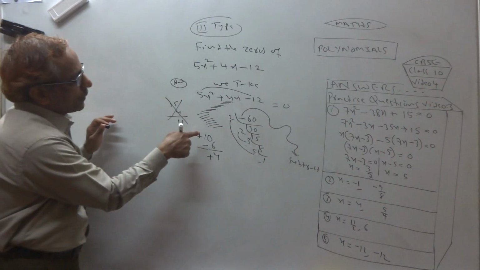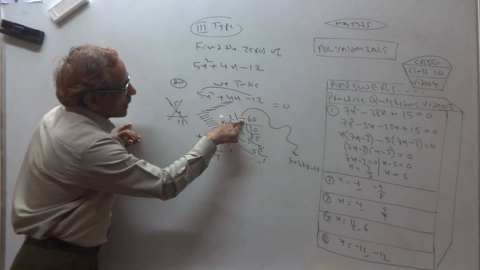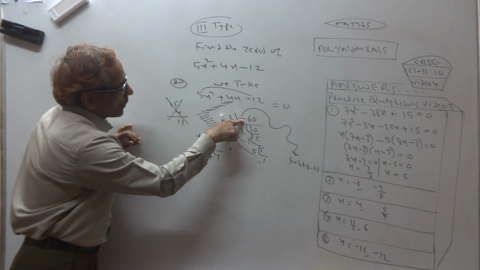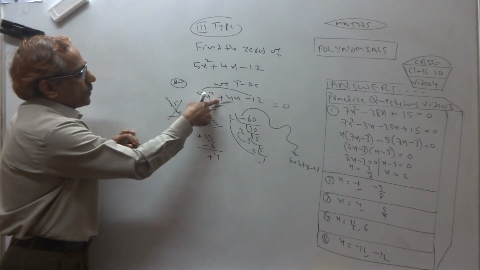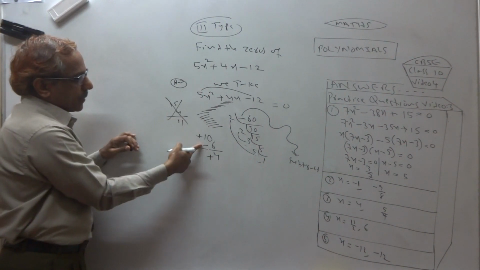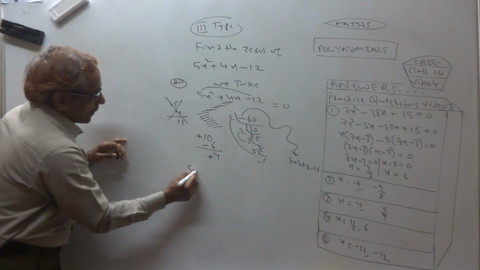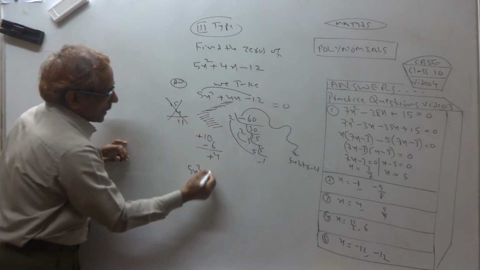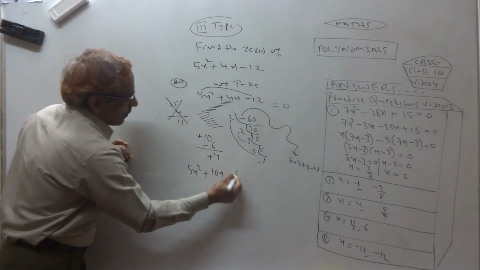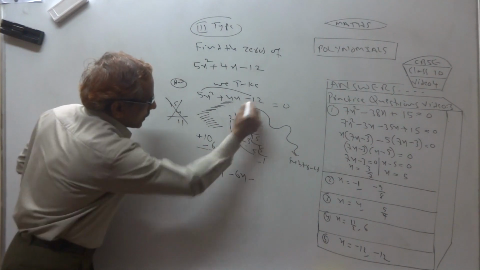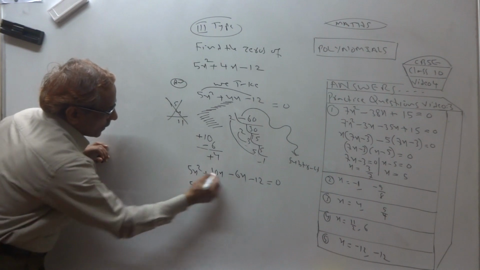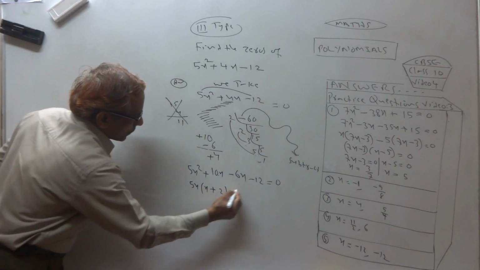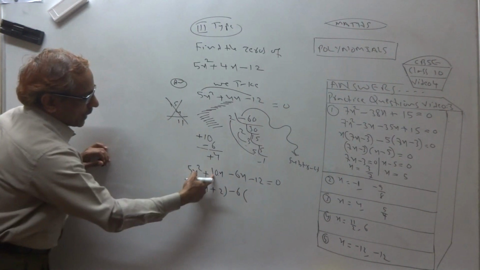What is the third type? When minus comes here, what do we do? One we take plus, one we take minus. Center is plus, so big number plus, small number minus, like this. Now please see, 5x square plus 10x minus 6x minus 12. 5x common, so x plus 2, because 5 2s are 10.